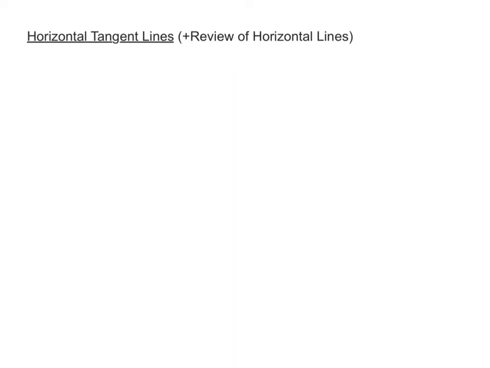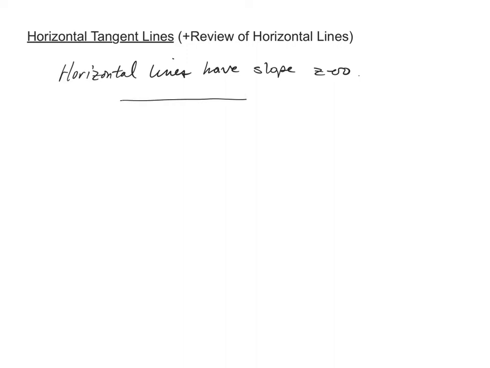Horizontal tangent lines, plus a little review of horizontal lines. If you'll recall, horizontal lines have a slope of 0. And when you look at these lines on any graph, these lines are flat. And this will be a big idea a little later on in calculus, but for right now we're just sort of laying the groundwork for what's to come.